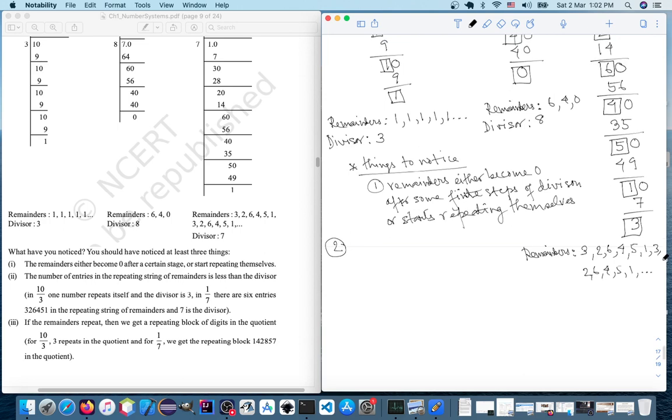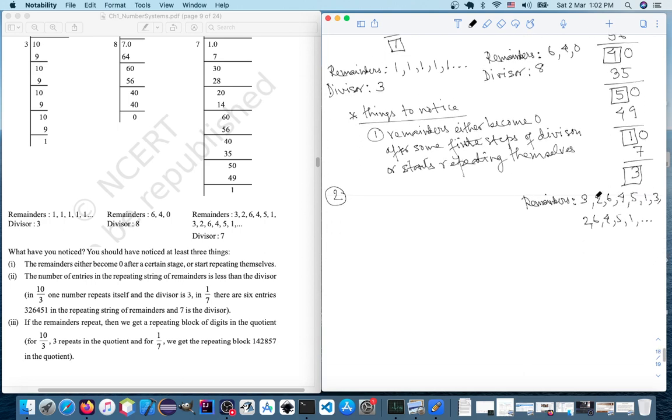For the third case, the remainders are 3, 2, 6, 4, 5, 1. Again, it starts from 3, 2, 6, 4, 5, 1. So here the repeating string of remainders is 3, 2, 6, 4, 5, 1.